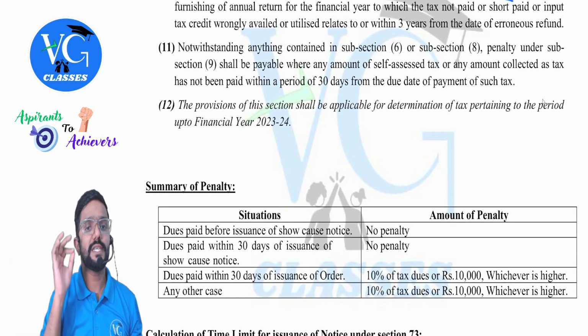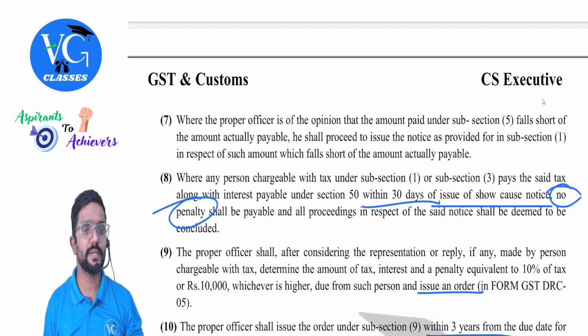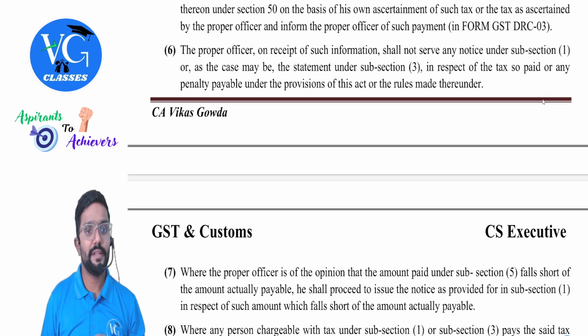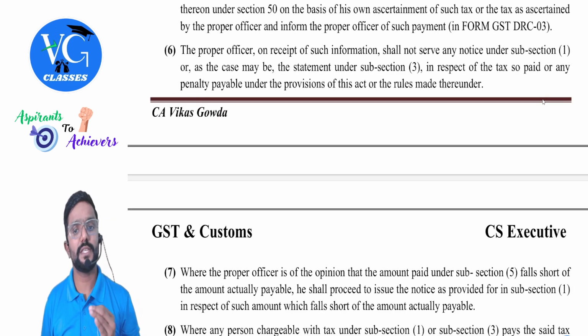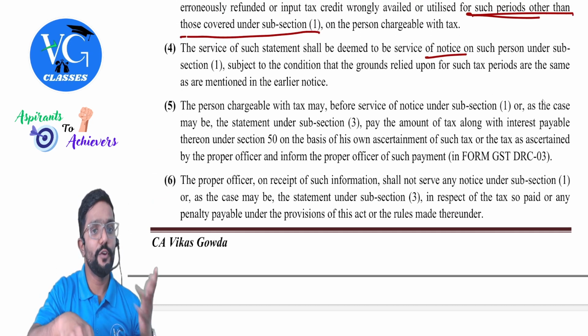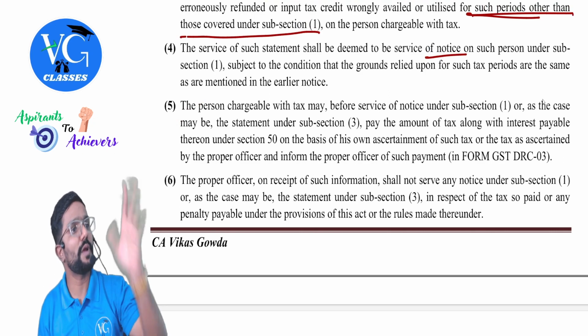11. Notwithstanding anything contained in subsection 6 or subsection 8. Okay, subsection 6 and subsection 8 is talking about what? Let me reread it again. The proper officer on receipt of such information shall not serve any notice. Means, guys, even before notice, the person paid the amount and communicated it to the proper officer.